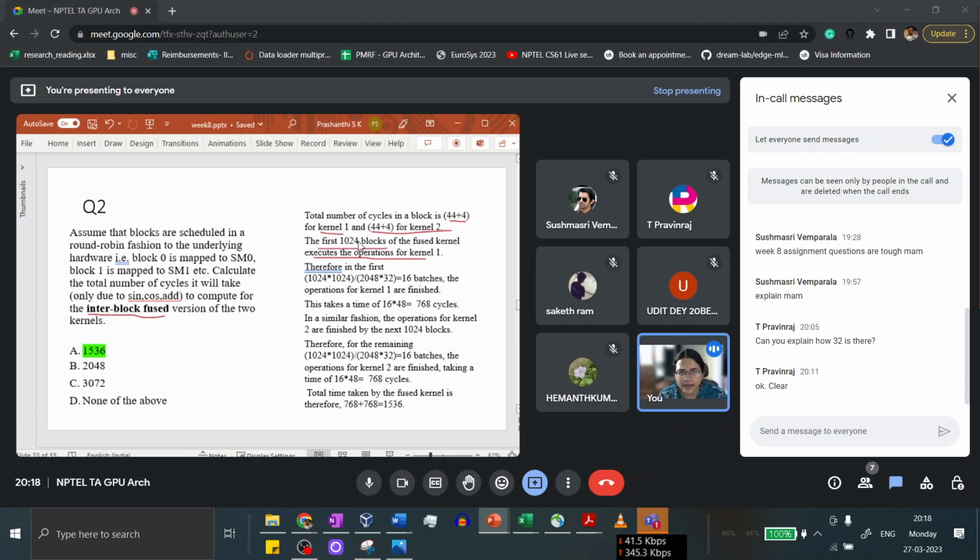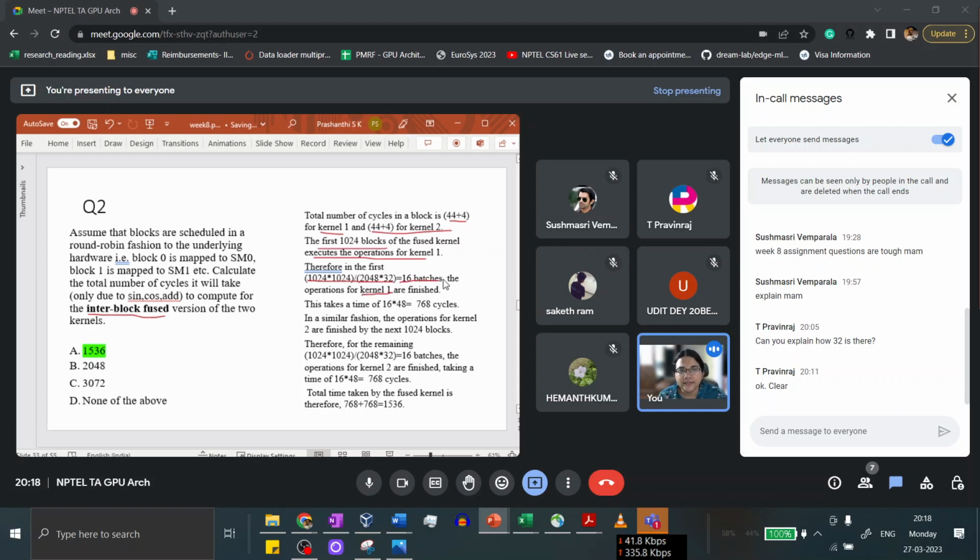The first 1024 blocks, which execute kernel 1, will take how many batches? Just similar to the previous question, you need to find the number of batches again. This remains the same because the number of blocks, the number of threads, the number of SMs and the number of threads per SM are the same. So you get the same 16 batches for kernel 1.